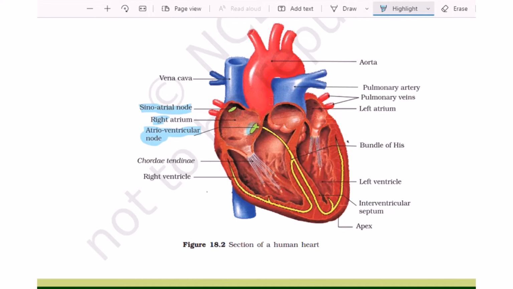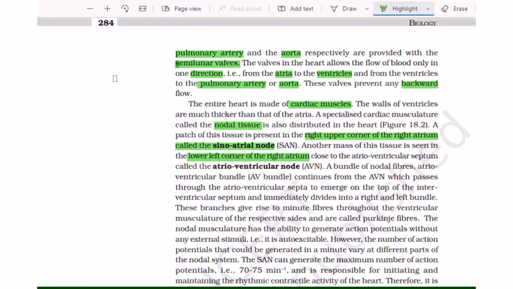So both the nodes are in the right atrium itself, but they are at different locations and have different names. This one is close to the atrioventricular septum of the right side of the heart, and it is called the atrioventricular node. In short, it is called the AVN, and the sinoatrial node is called the SAN, right?